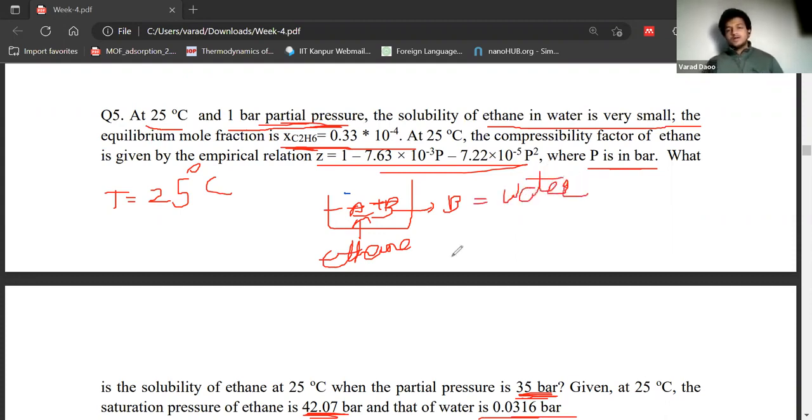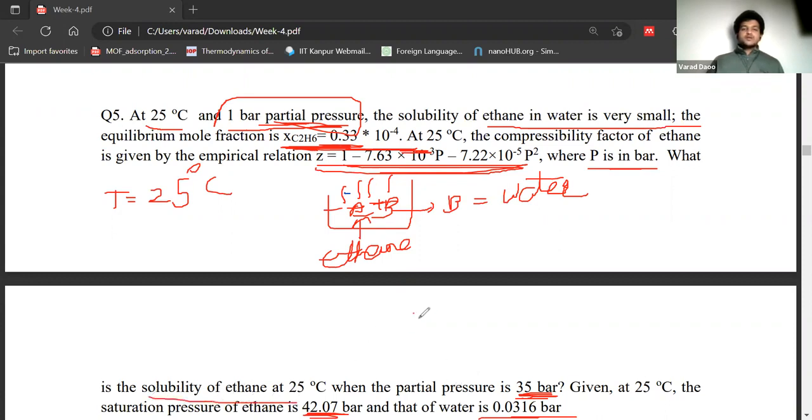Initially in this system, water has 1 bar of partial pressure where mole fraction is this, and the vapor accompanying this solution has a vapor of ethane with this expression. Now what we are asked to find is the solubility of ethane. That means basically we are trying to find X2. Although temperature is same, the pressure now changes to 35 bar.